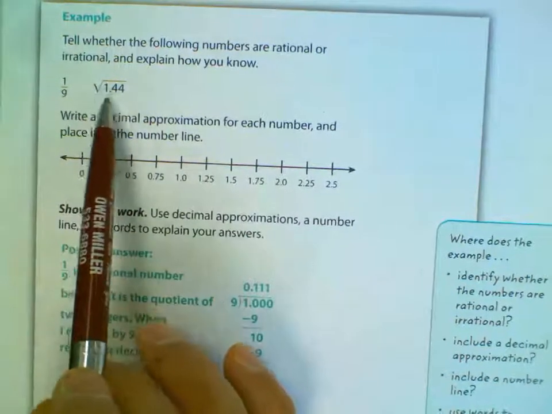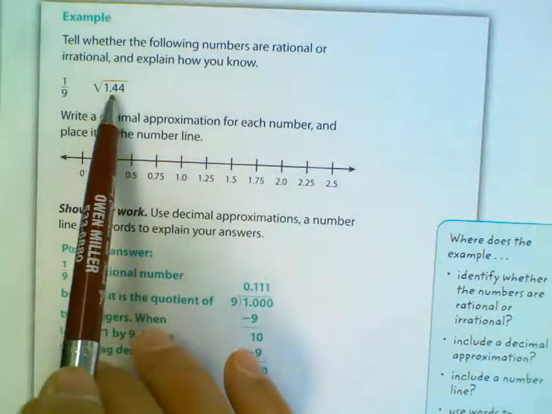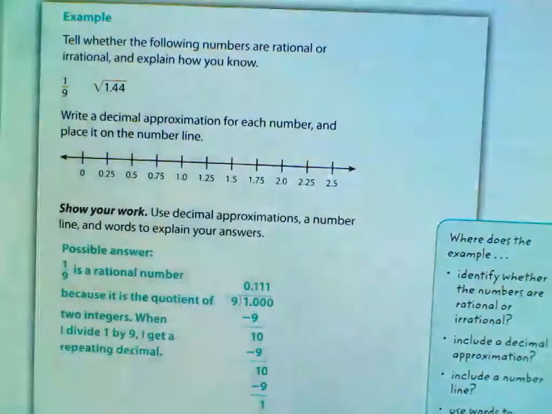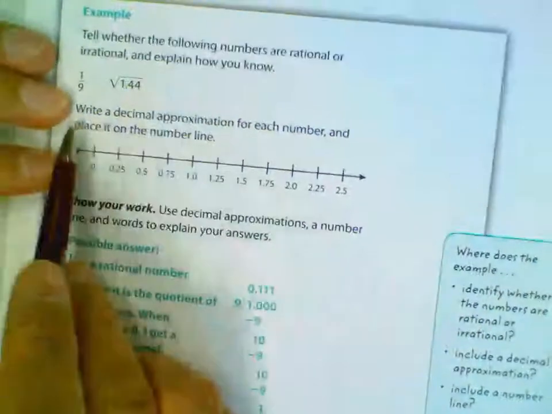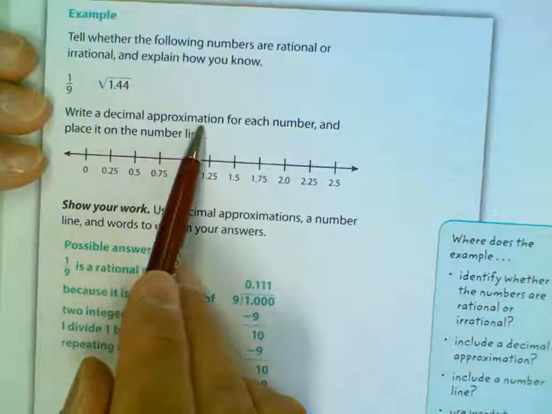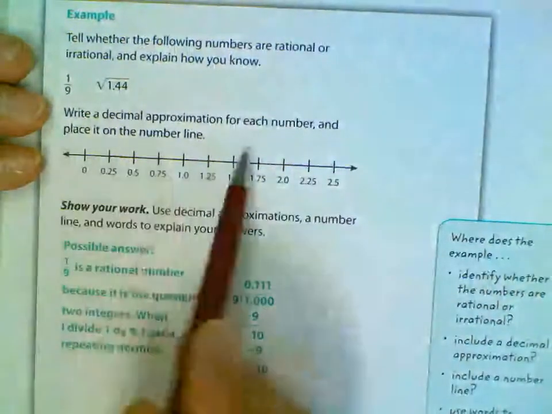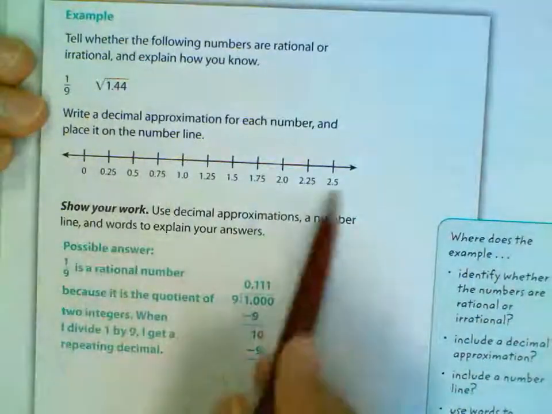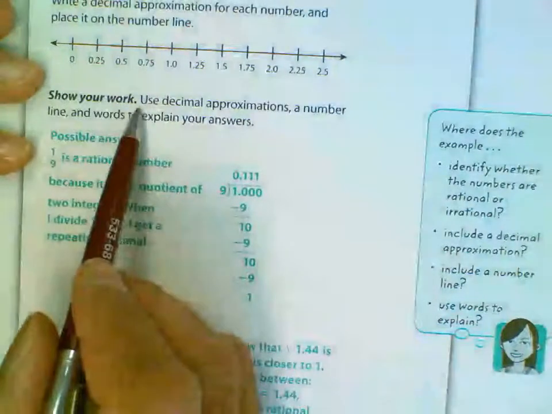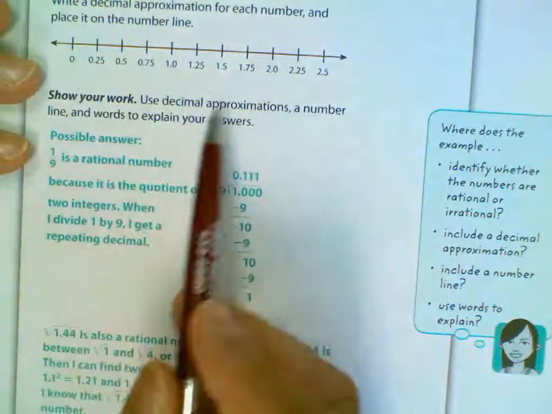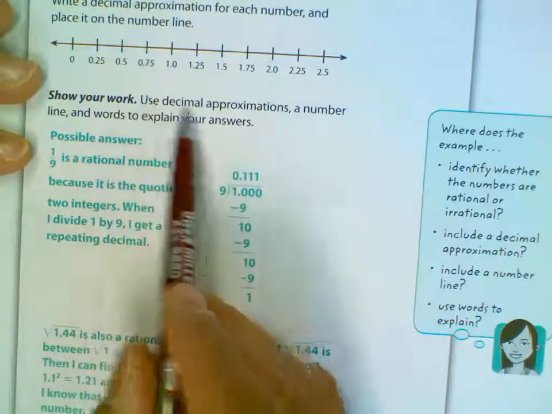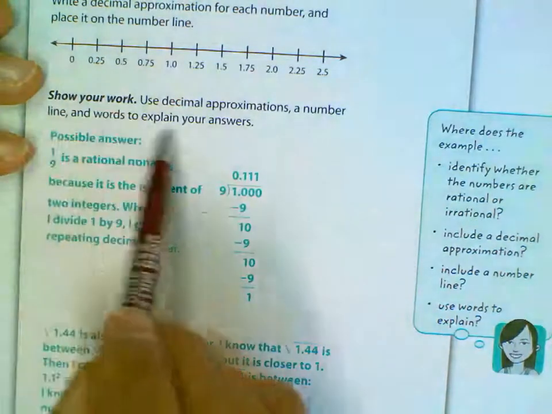Then I have the square root of 1.44. Now that one, I'm not sure, so I need to follow some steps here. Write a decimal approximation for each number and place it on the number line. Show your work. In this case, we use a decimal approximation, number line, or words to explain the answer.